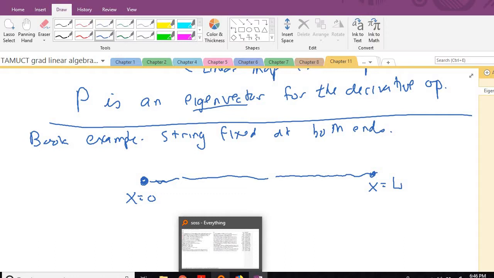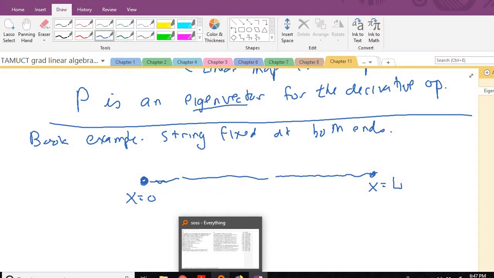If I want to describe how the string is moving, I'm going to have a function of two variables: the x variable, which tells me where I am on the string, and the t variable, which tells me what time it is. Same thing with sound waves: you have where the sound is and what time the sound is occurring.